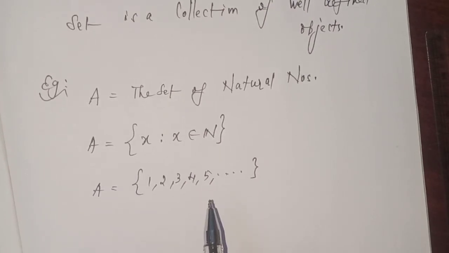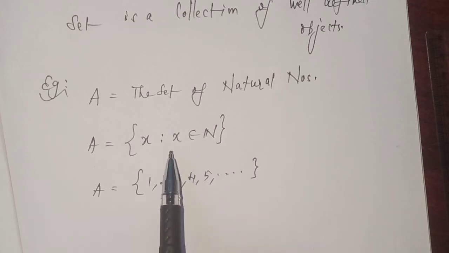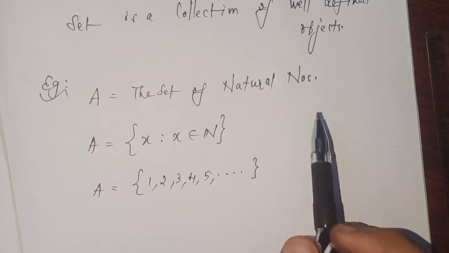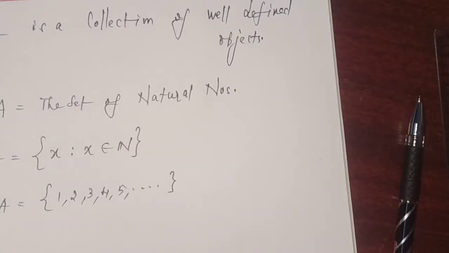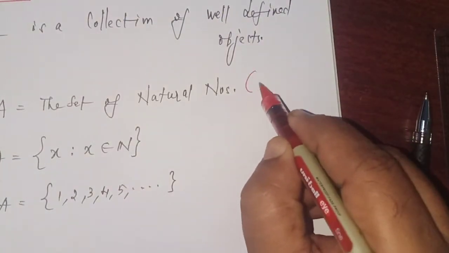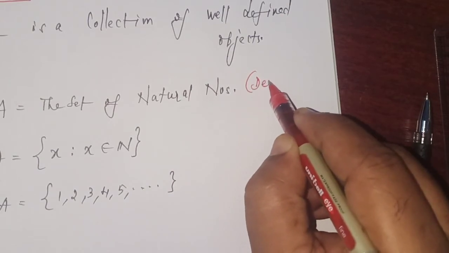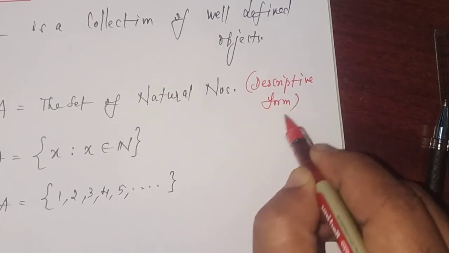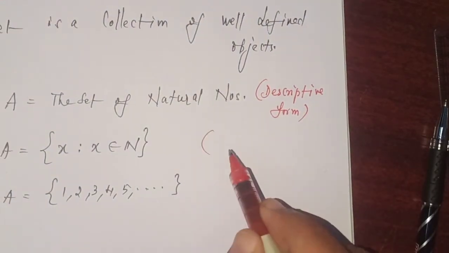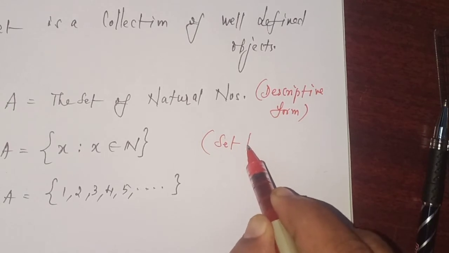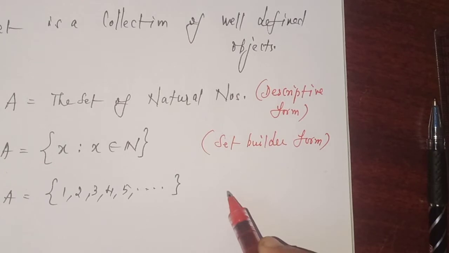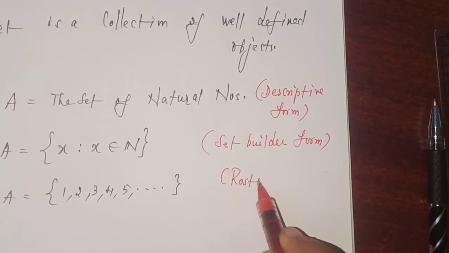So 3 ways you can represent. This is called the roster form of a set, then set builder form of a set, and a descriptive form of a set. For your reference, I write over here: descriptive form, set builder form, and roster form.